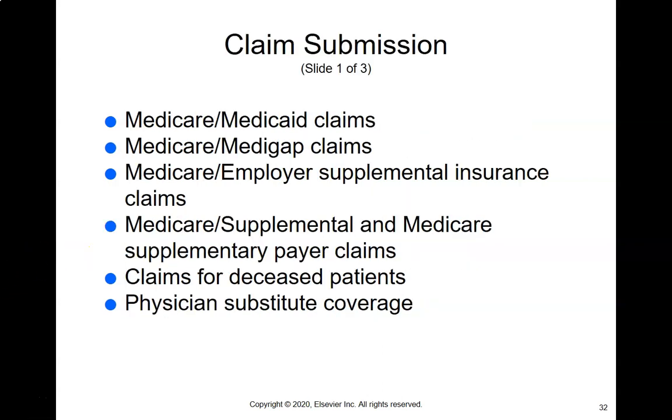Claim submission. With your claim submission, you've got Medicare and Medicaid claims, Medicare and Medigap claims, Medicare and employer supplemental insurance claims, Medicare supplemental and Medicare supplemental payer claims, claims for deceased patients, and physician substitute coverage.